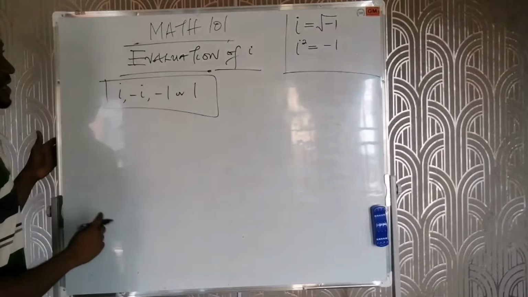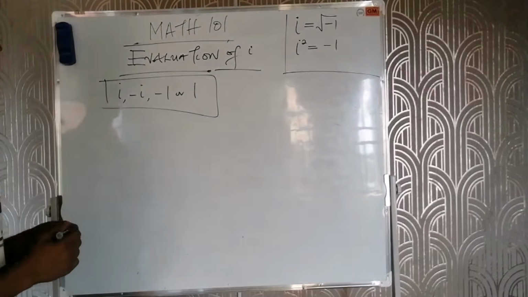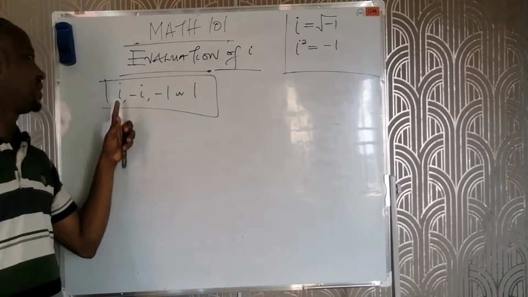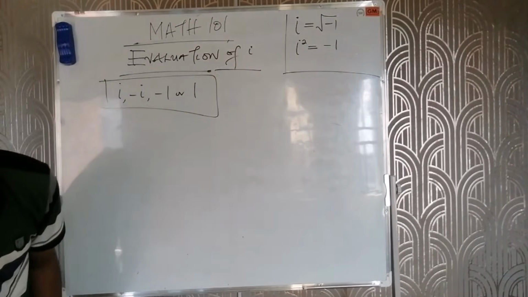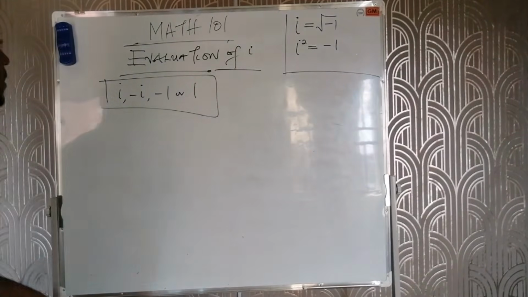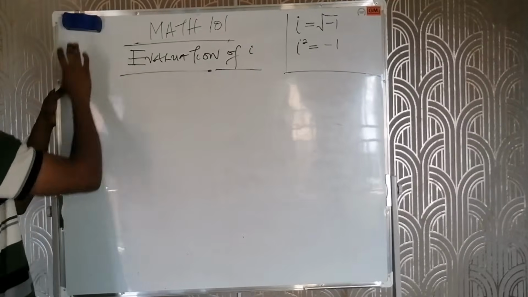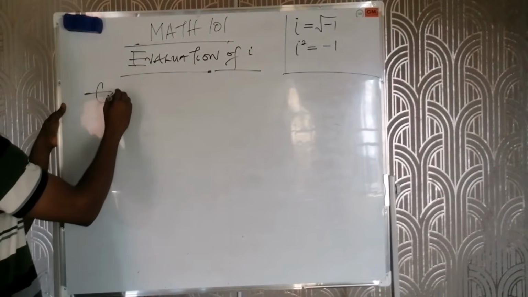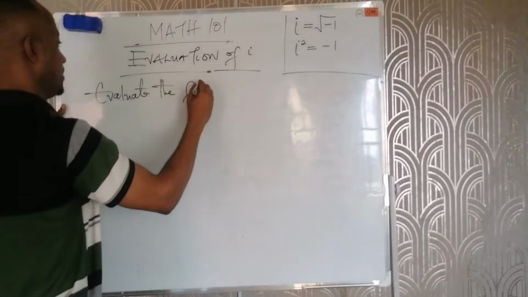Now let's evaluate I. Don't forget that there are 4 possible answers anytime you are evaluating I: either I, minus 1, or 1, or minus I. So let's move on. Evaluate the following.